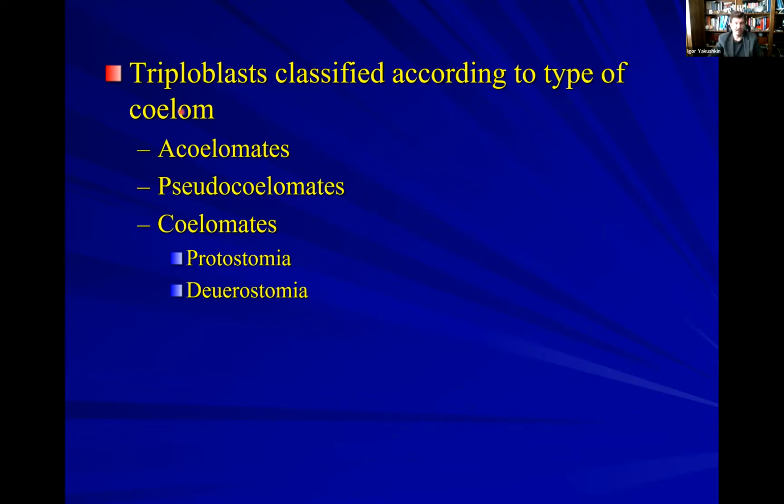No body cavity, acoelomate. Presence of the body cavity can be subdivided into two different groups, known as the pseudocoelomates, false body cavity. And I'll discuss why it's considered to be false and what's considered to be a true body cavity. And then this true body cavity will be subdivided again into the protostomes and deuterostomes.